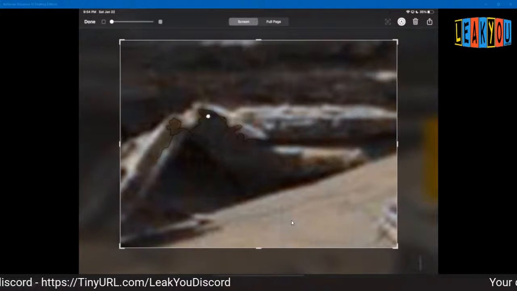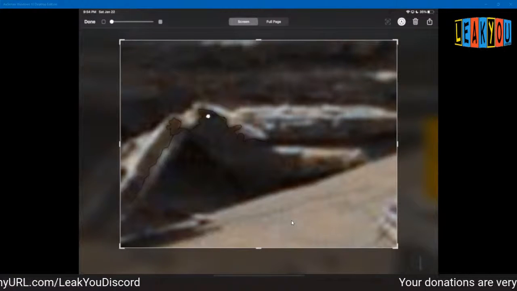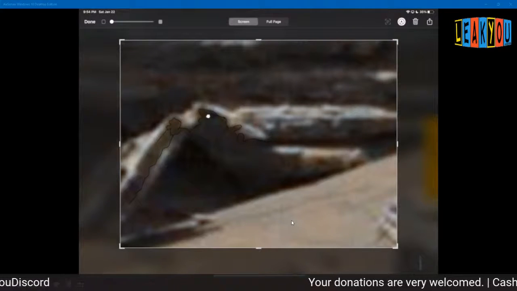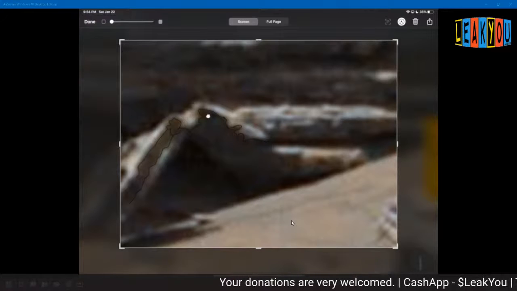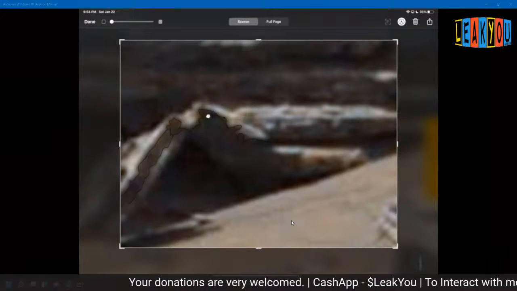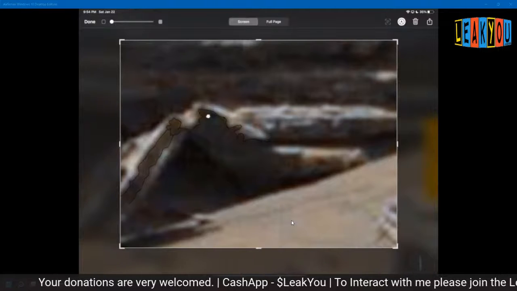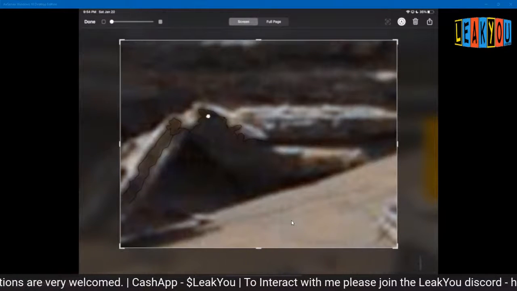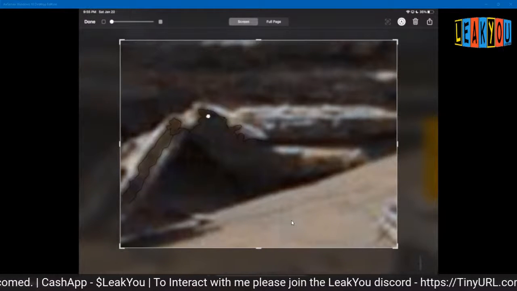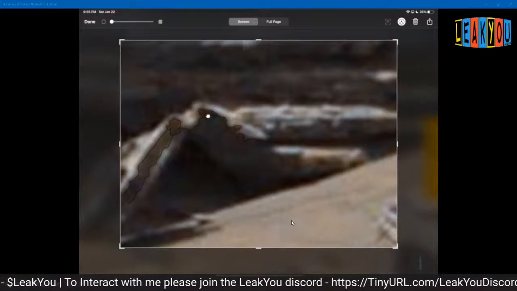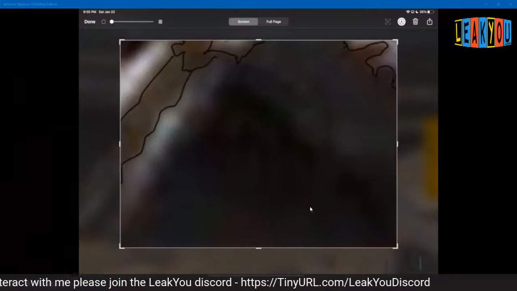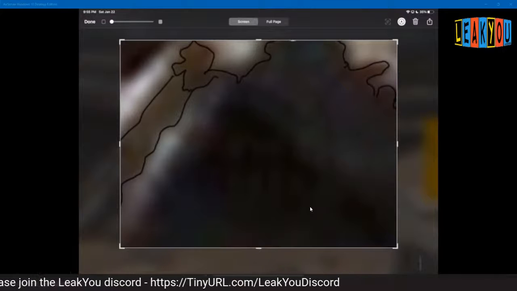But look at these shapes. Now, you got interesting shapes, but I don't know if you see this. Okay. But look.